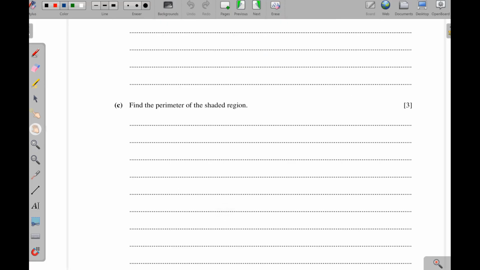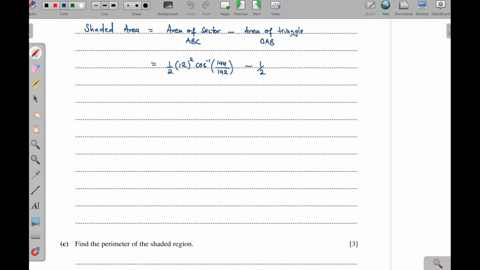So we shall substitute here and say a half times 12, then times 8, and then sine of the angle, which is the arc cos of 144 out of 192, like that.